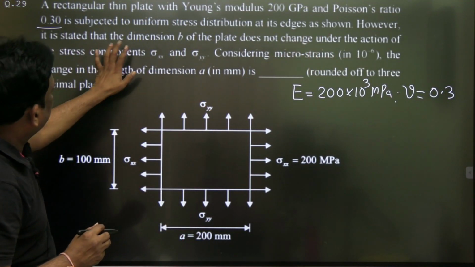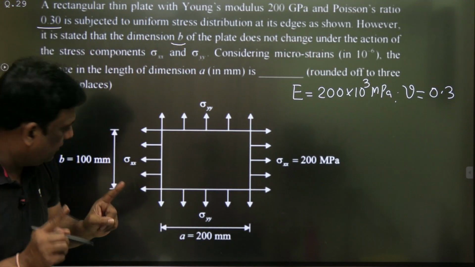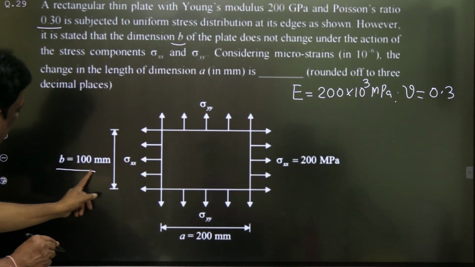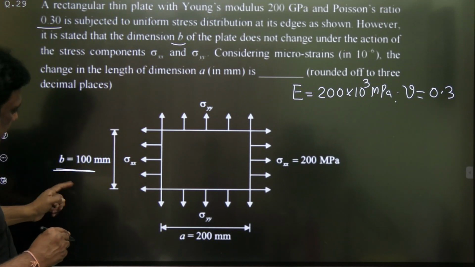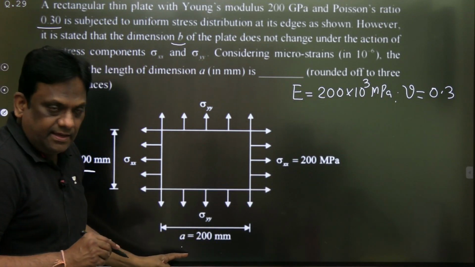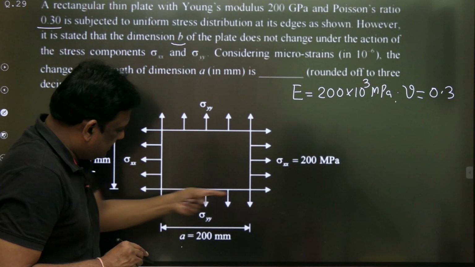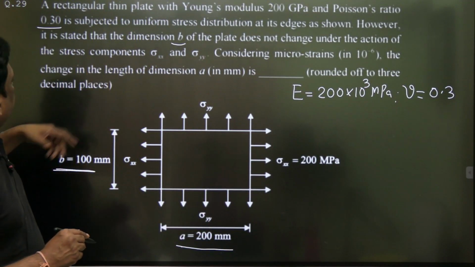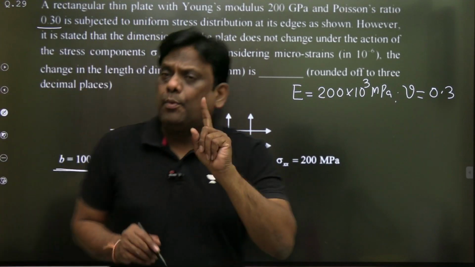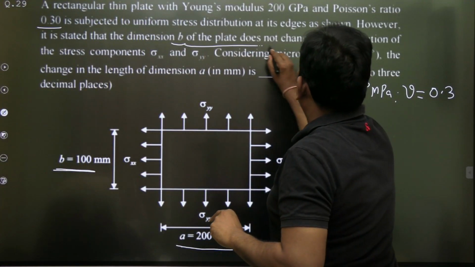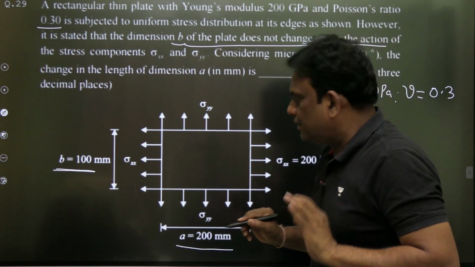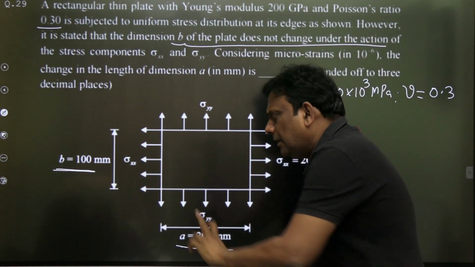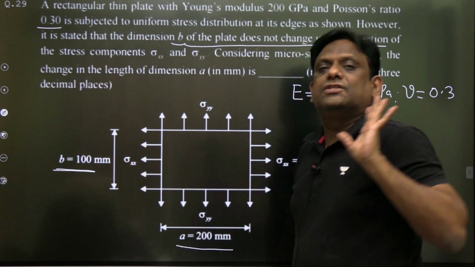However, look carefully: on the y-axis it is B, on the x-axis it is A. So A is the dimension in x direction and B is in y direction. It is stated, and this is a very important part, that dimension B of the plate does not change. What does it mean? Though it is loaded with biaxial stress, the dimension B is not changing.